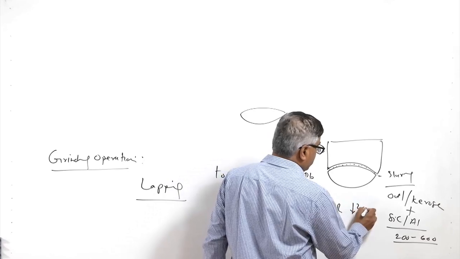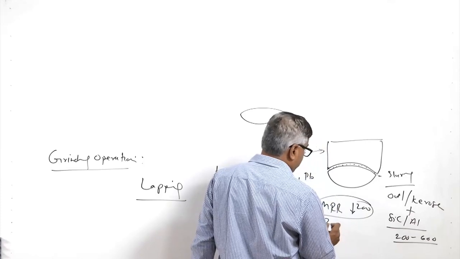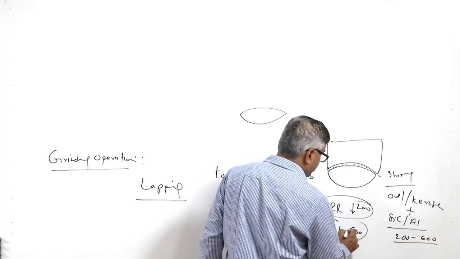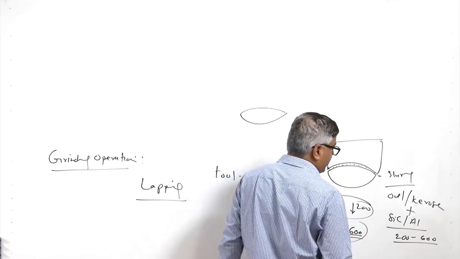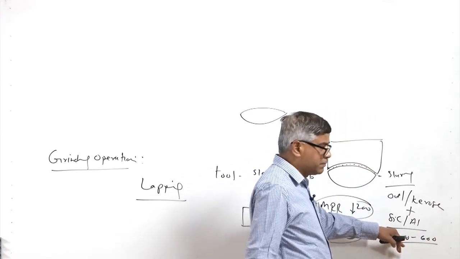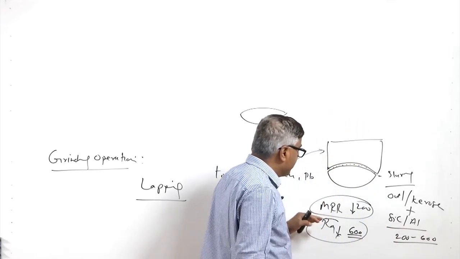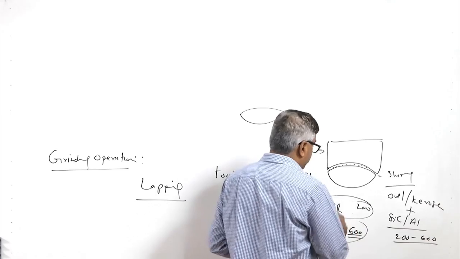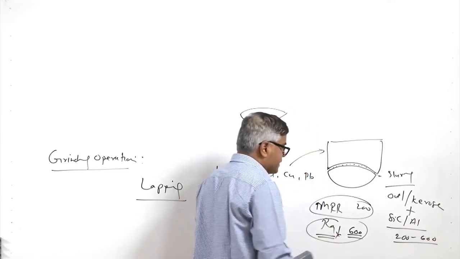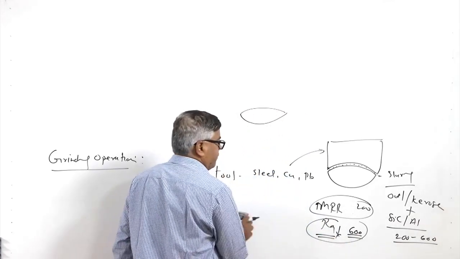The low grit size like 200 is for high MRR, and for very low surface roughness, the high grit size like 600 is used. High grit size means fine abrasives, low grit size means coarse abrasives. Coarse abrasives are used for a high metal removal rate, and for less roughness, meaning better finish, high grit sizes are used.